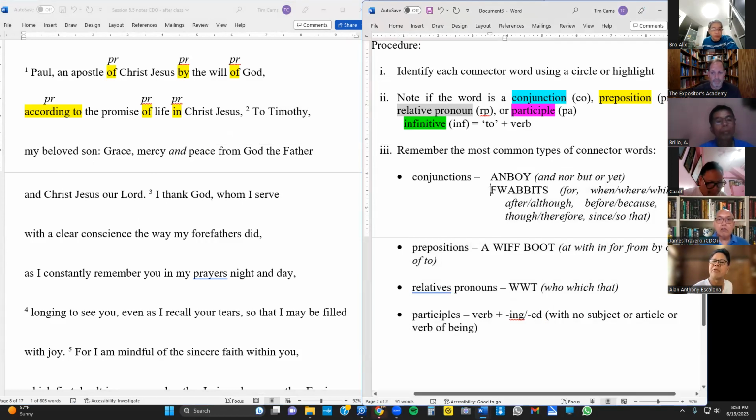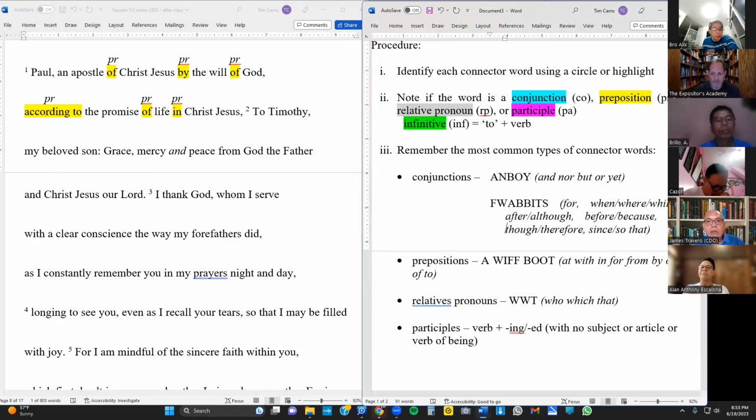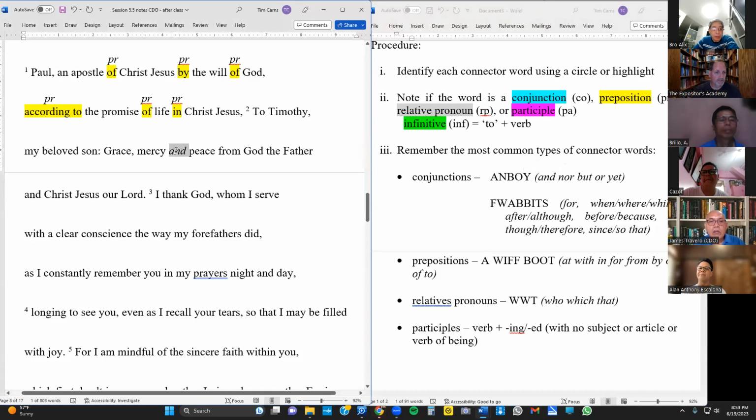Conjunction. Yes, it's a coordinating conjunction in this case. So for coordinating conjunctions, I'm going to do it in blue and put over the top of it CO for conjunction. Okay, all right, good. You see any others in verse 2?